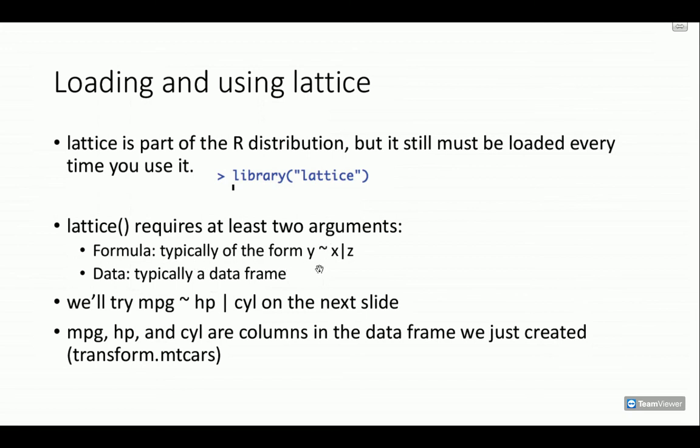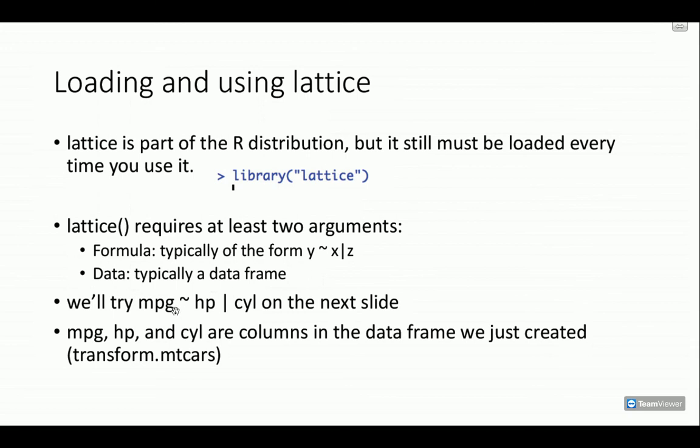You can use this format: what you want on the y-axis, the tilde sign, and what you want on the x-axis, followed by a vertical line separator and the variable that sets the number of facets you want to display in your graphs. That variable will divide your plots into multiple plots.